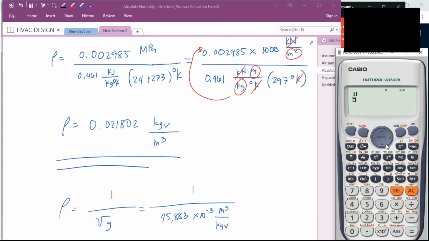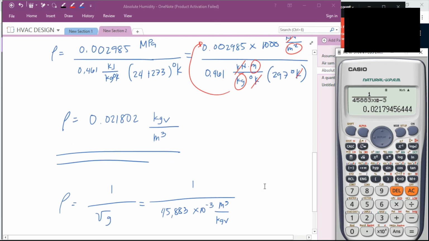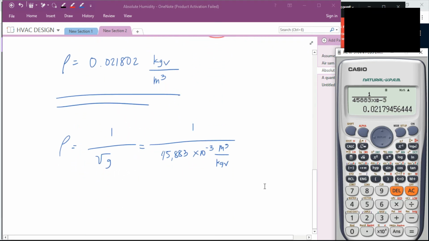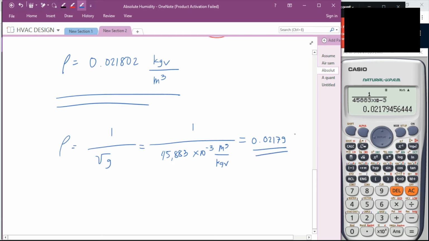So, 1 over 45.883 times 10 to the negative 3. The answer is, yun, sakto rin. The same lang. Okay? Almost the same. Equal to 0.02179 kilogram vapor per meter cube. Okay? That is for problem number 3. Napaka-basic lang po.